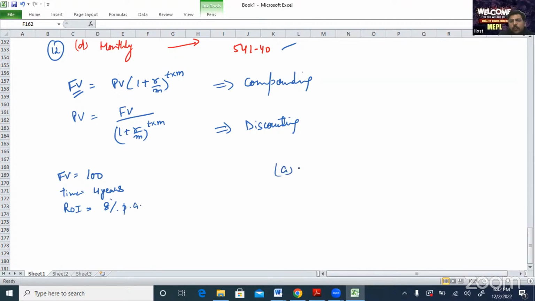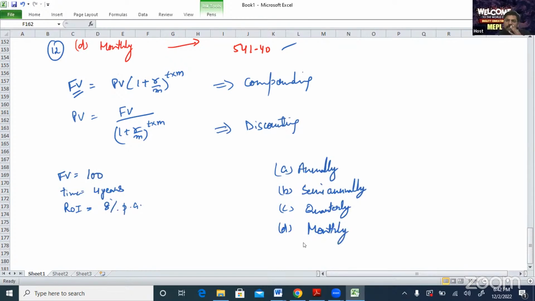Compounding is annually, compounding is semi-annually, compounding is quarterly, compounding is monthly.